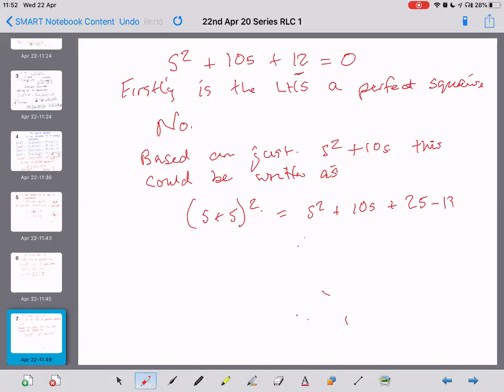So if we put minus 13 in there, we're then back where we started, up here.